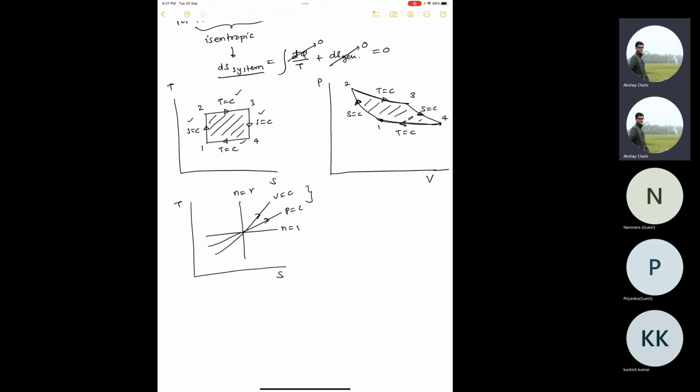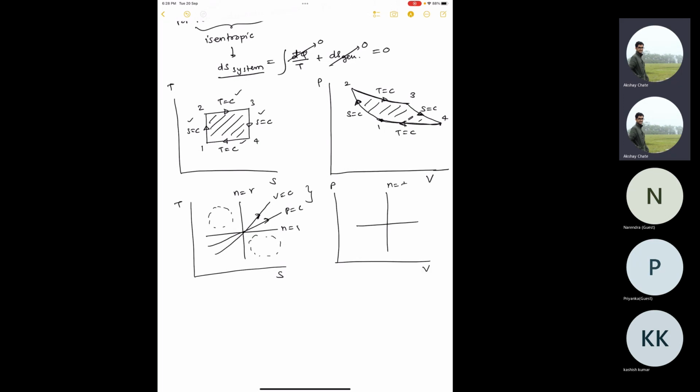So one question was asked to me also in one of the interviews. You have drawn lines like this only. What happens in these regions? There is no physical process which can occupy this region. That is the answer. And the PV plot, I think we drew this earlier also in one of the initial classes.